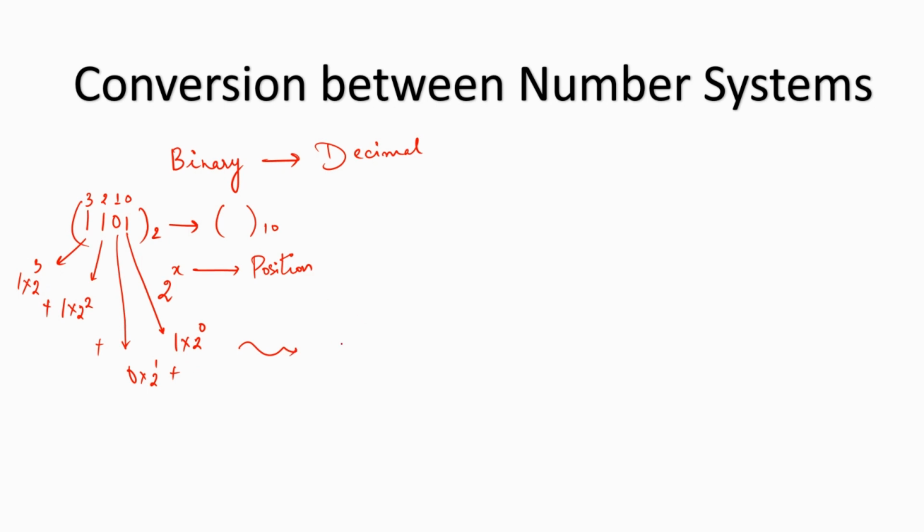So 2 power 3 is 8, 2 power 2 is 4, 0 into 2 power 1, so anything into 0 is 0. 1 into 2 power 0, 2 power 0 is 1. So 1 into 1 is 1. So that becomes 13. So 1101 in binary is actually 13 in decimal.